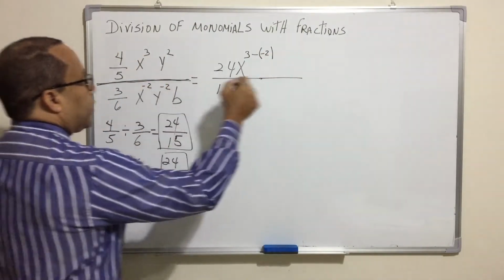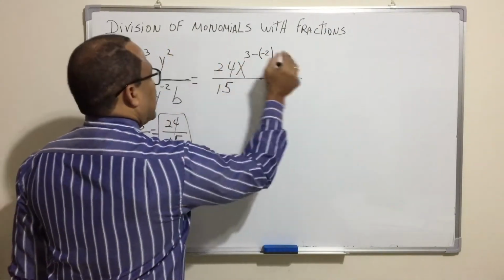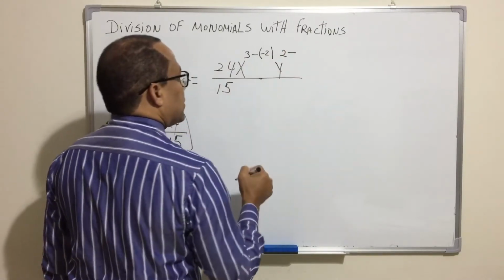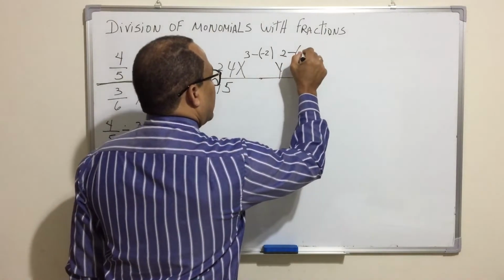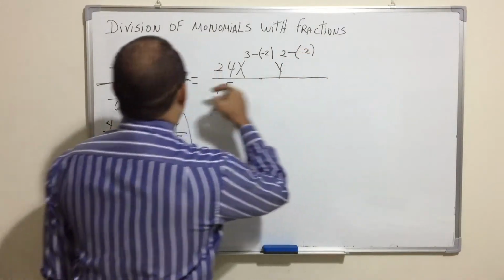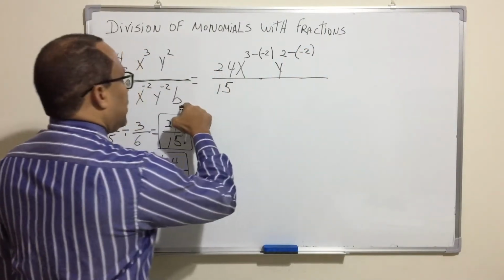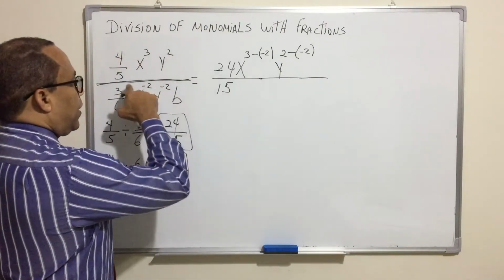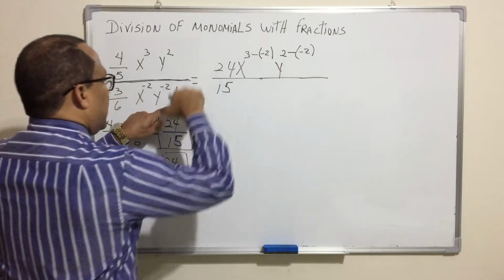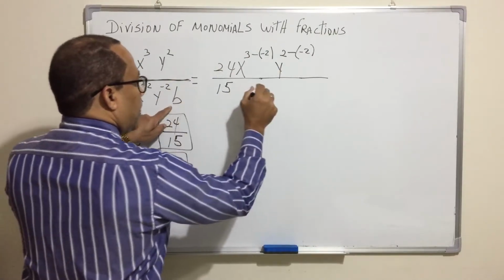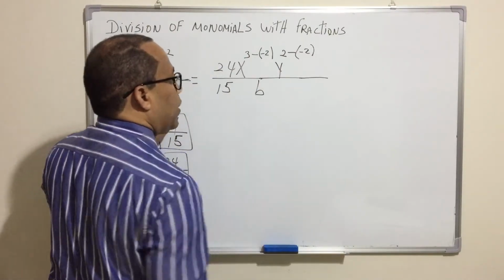And then y is 2 minus what? Negative 2. And bring down the b, but the b is not in the numerator. The b is on the denominator, so I put the b down, not up.